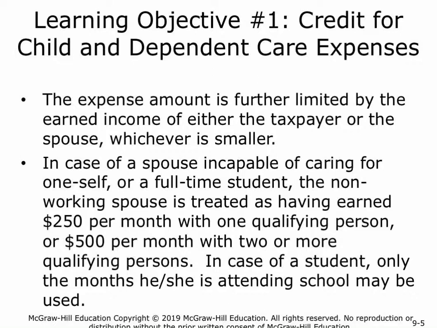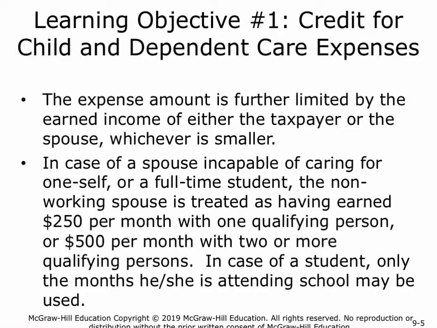If the spouse is incapable of caring for themselves or is a full-time student, the code will also attribute income to them. Specifically, $250 per month for one qualifying individual for the amount of time they are considered either incapable of caring for themselves or are actively a full-time student.